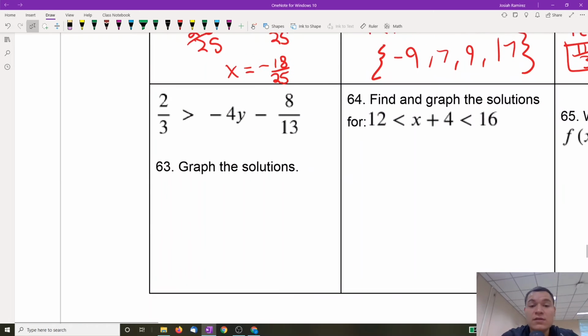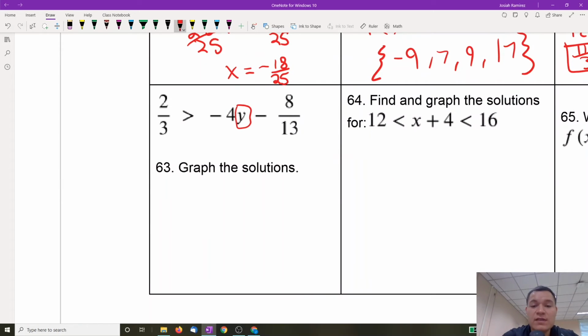Graph these solutions. We want to solve for y, so let's get this number and add it to the left. They don't have the same denominator, so we need a common denominator. And since 13 is prime, it's going to have to be 13 times 3 is the common one. So I'm going to have to scale this one up by 3.